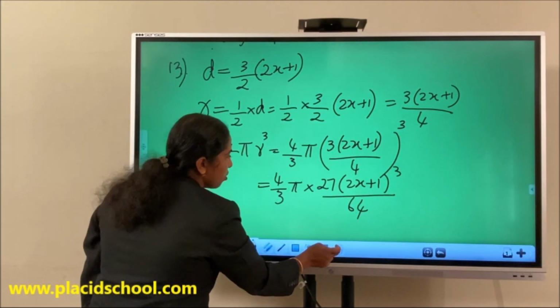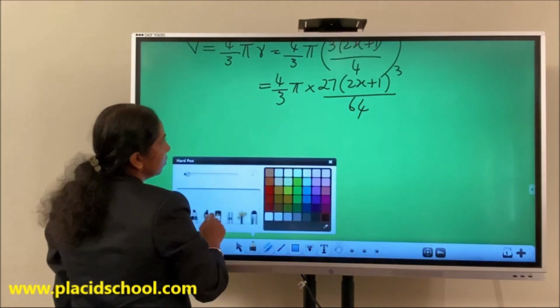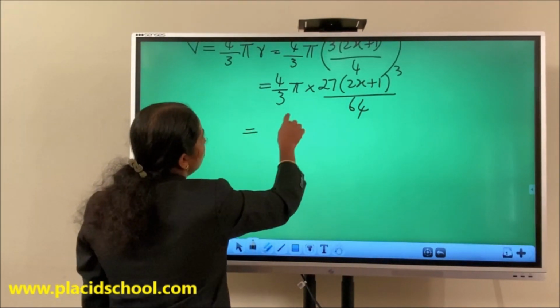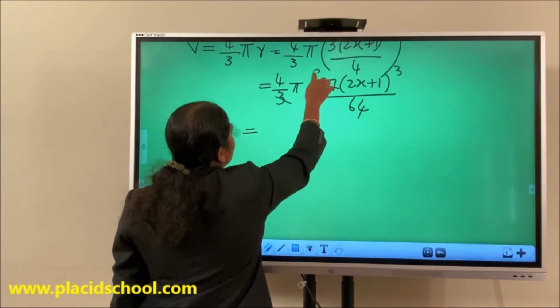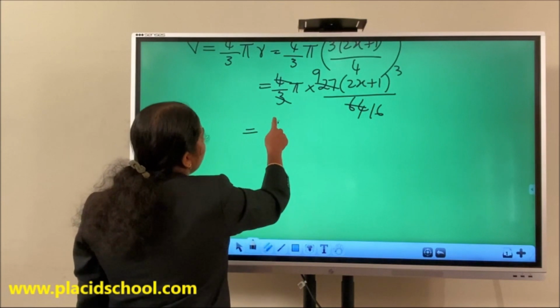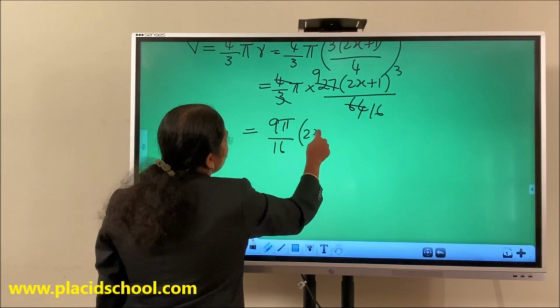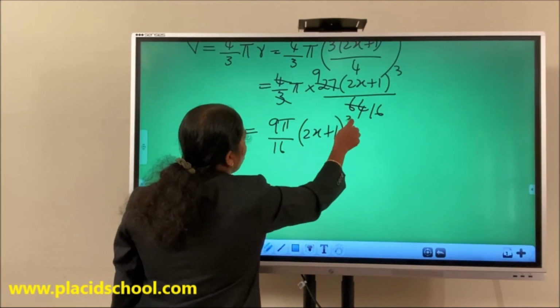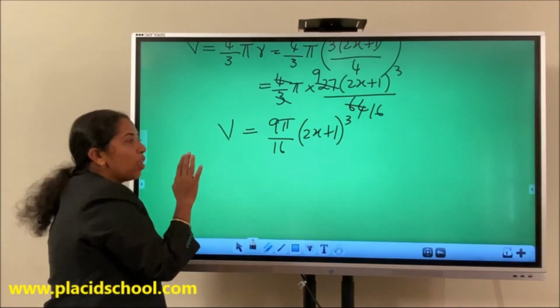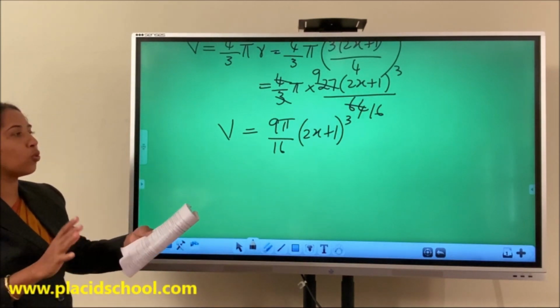Now do the simplifications. This is equal to 9π/16 (2x + 1)³. This is the volume of the balloon when the diameter is 3/2 (2x + 1).